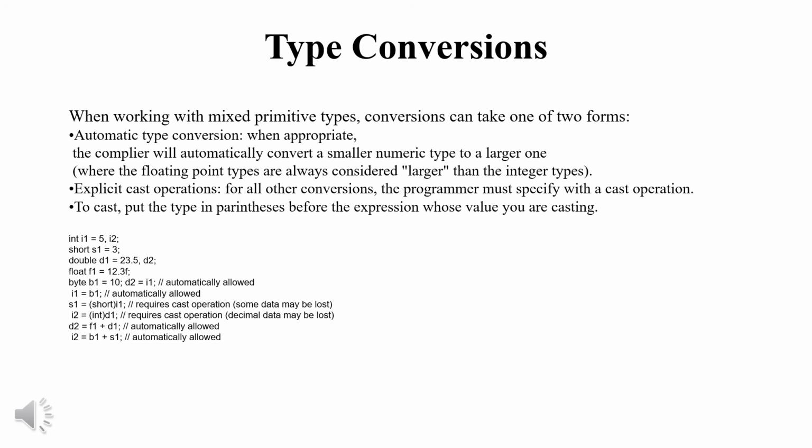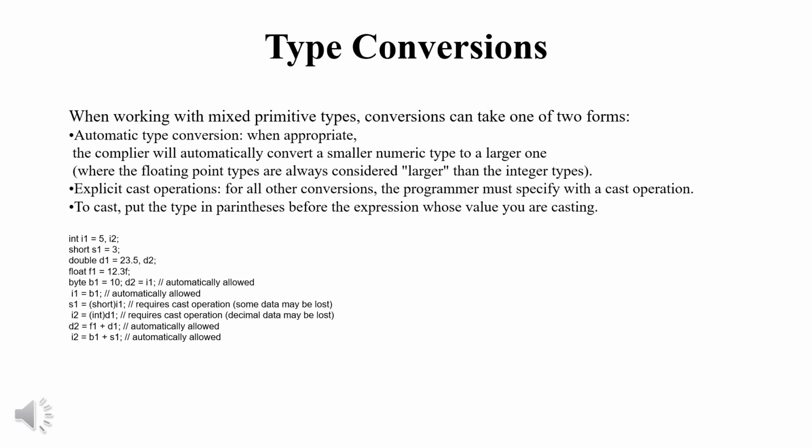You can convert the type of one variable to another type. And in programming language, it can happen in two ways. The first way is automatic type conversion. It happens by the compiler, especially when two different variables with two different types have been assigned to each other.